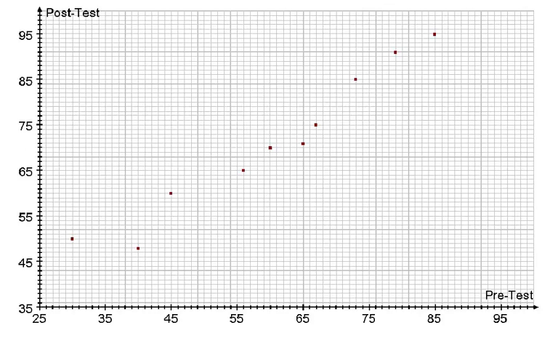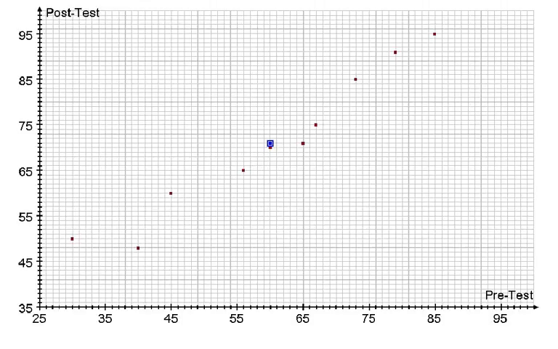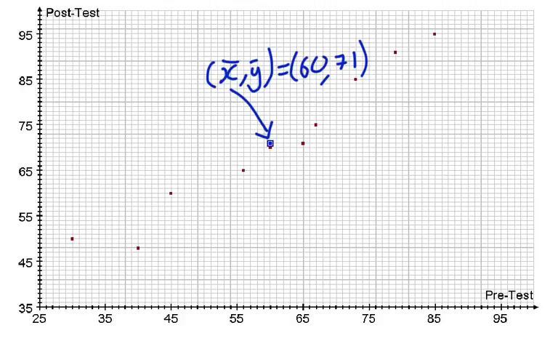So back to our graph, we plot the point 60, 71, which is there, and that is our mean point x bar, y bar in there. That there is x bar, y bar, which is equal to 60, 71.